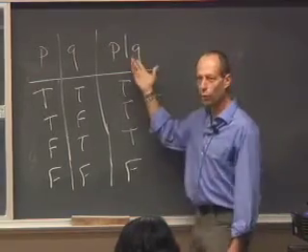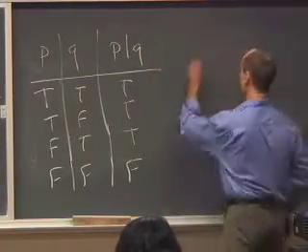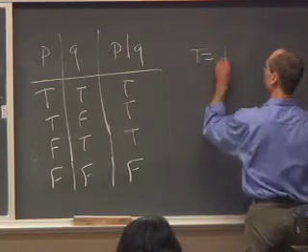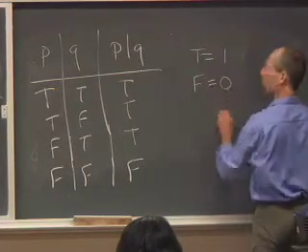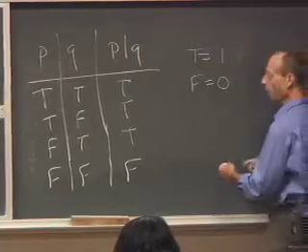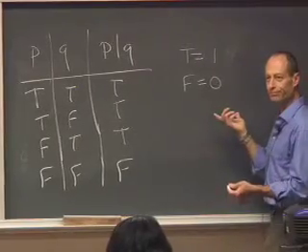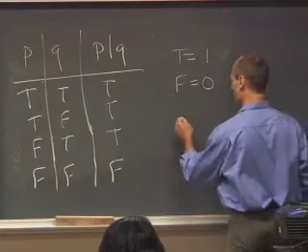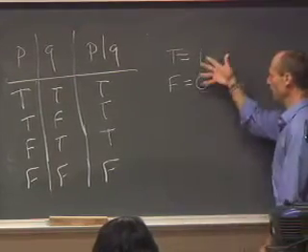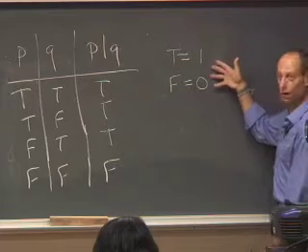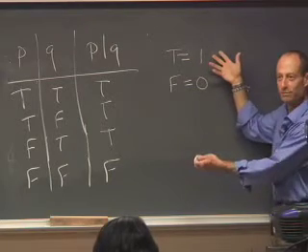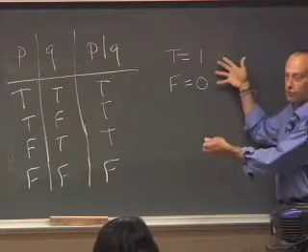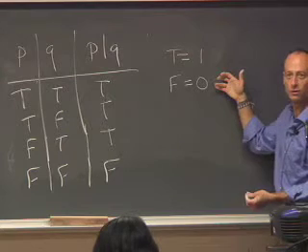One way to think of or, if you think of true as being equal to 1 and false as being equal to 0, then or is like the maximum. Okay, so the maximum of two things that are either 0 or 1 is 1 if either of them is 1 or both. And if they're both 0, then the maximum is 0.